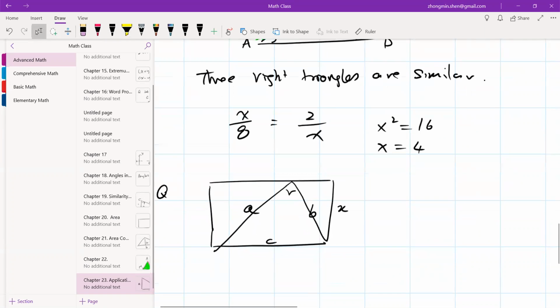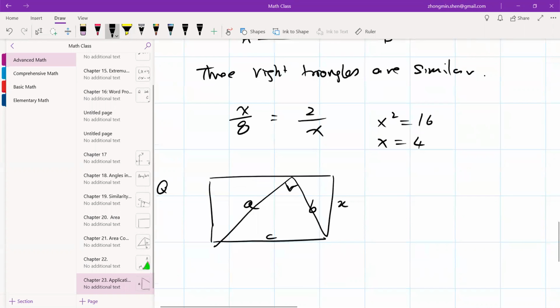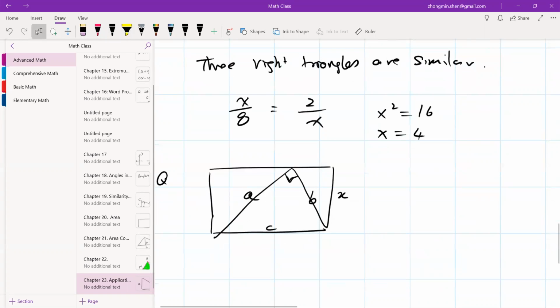So what am I going to do? In this triangle, we have a right triangle. This is a right triangle. And here's a, yeah, I'm going to give you the numbers. Let me give you a special number, okay? This is a right triangle.